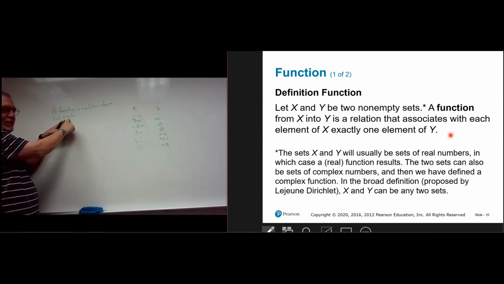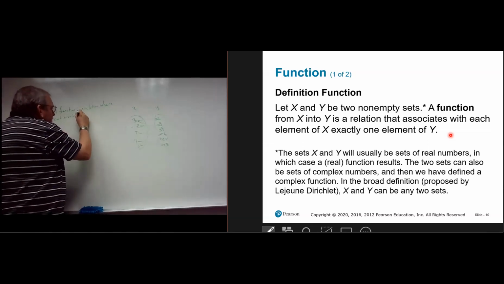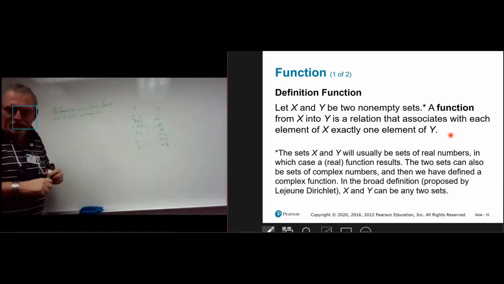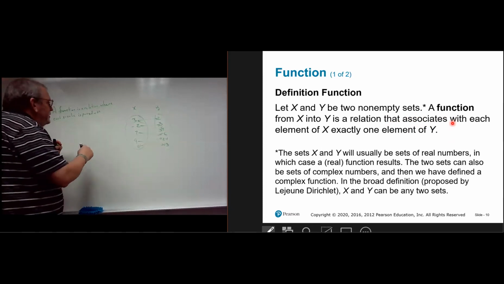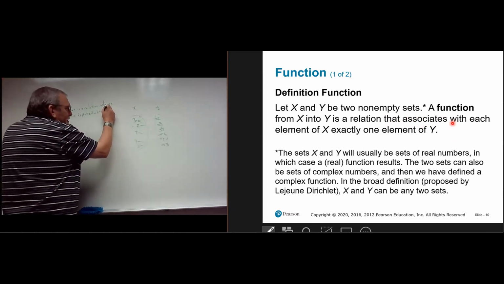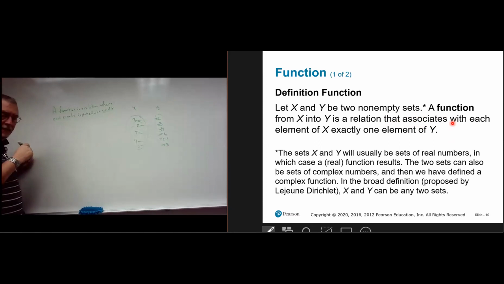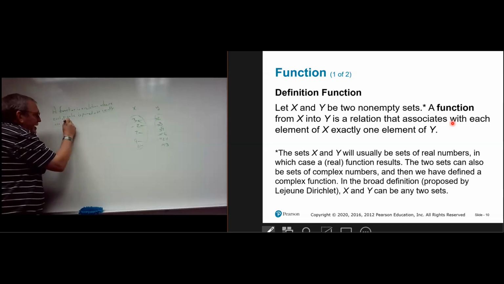So instead of saying each member of the domain, I say each X value, which is the first thing in the ordered pair, is paired with, their wording here is associated with or associates with, exactly, this is an important word, exactly one Y value.